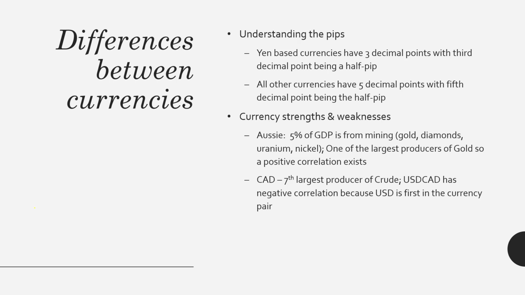Another correlation is the Canadian dollar. It's the 7th largest producer of crude. Now, in the USD CAD, the CAD is the second symbol in that Forex pair, so there's a negative correlation. In other words, if the US dollar is going up, that means the Canadian is weak. So those are just a couple of correlations that you do need to know.